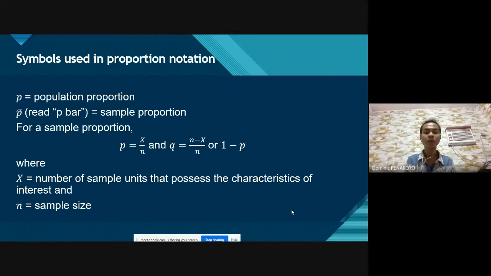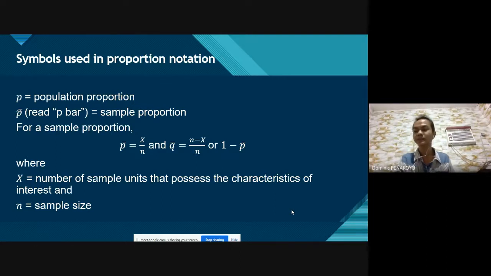Now for Q bar, that is equal to N minus X over N, or simply 1 minus P bar. So this is our notation for a proportion. Please take note of these symbols.